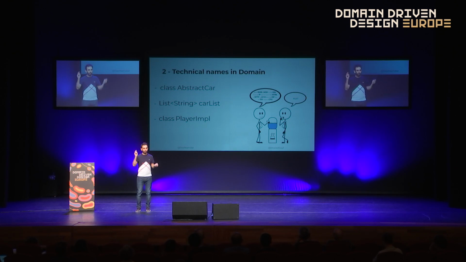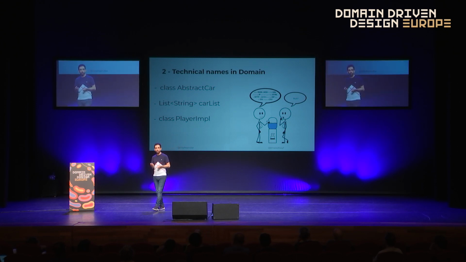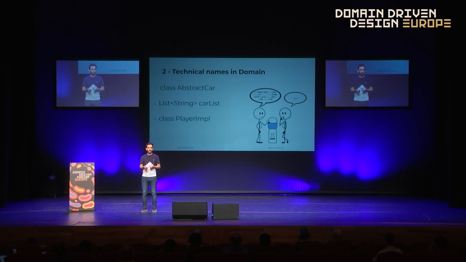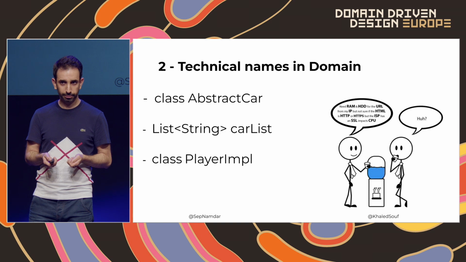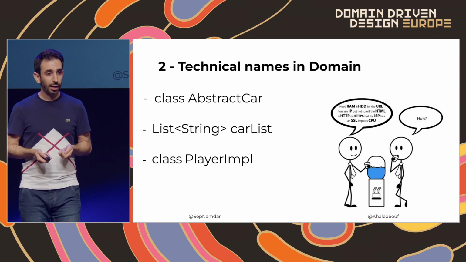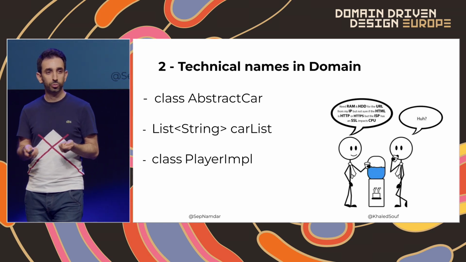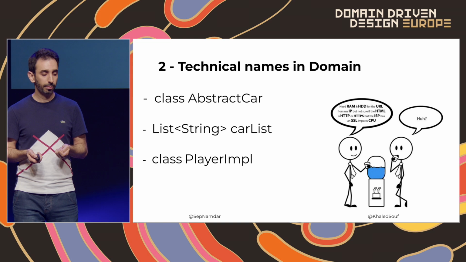So raise your hand. I love to make you do some sport. Raise your hand if, when you talk with your domain expert, you use technical terms. Really? You shouldn't. Because technical terms, a domain expert is not supposed to understand them, okay?